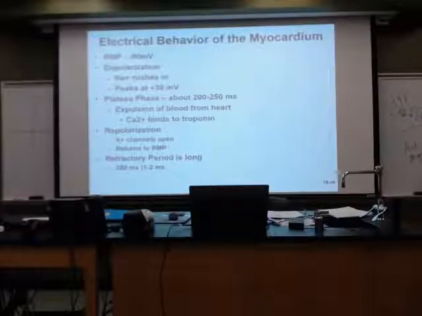We have a resting membrane potential, meaning this is the norm for that cardiac cell, the myocardium portion. Okay, so my resting membrane potential is -90.